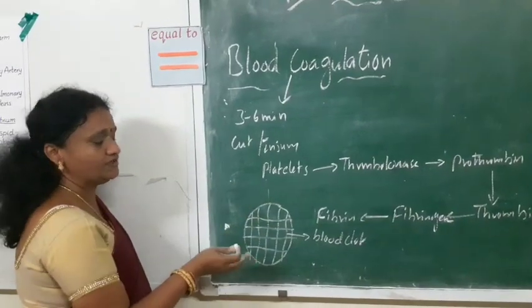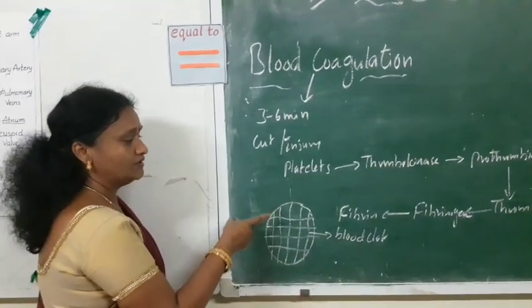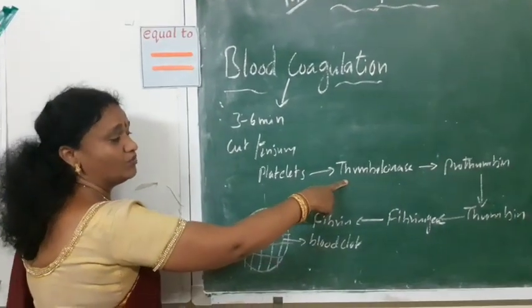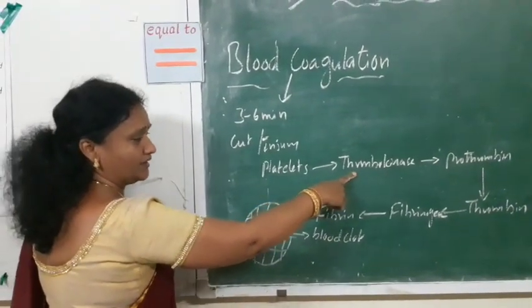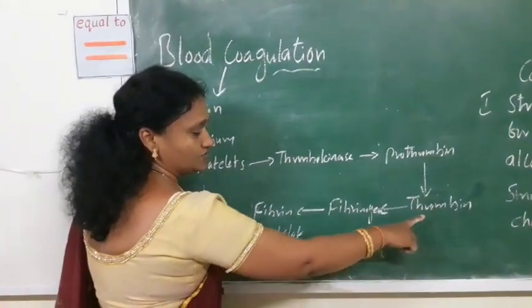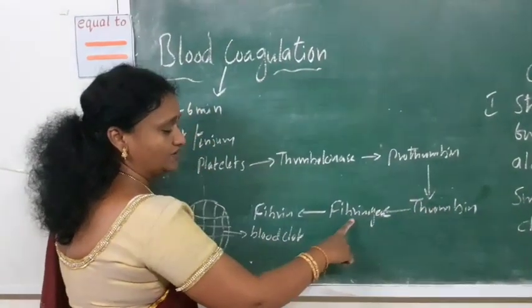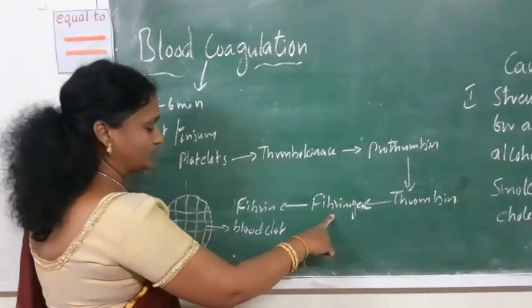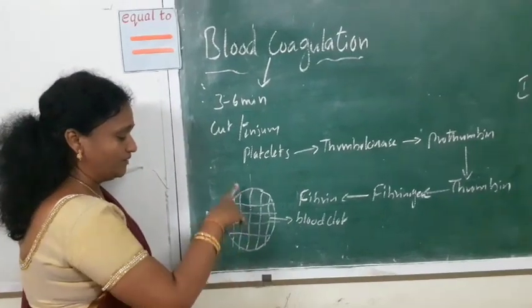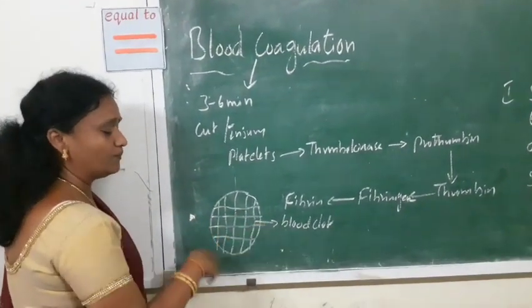Once again, whenever you get any cut or injury, the platelets gather at that place and immediately secrete an enzyme called thrombokinase. Thrombokinase activates prothrombin to convert it into thrombin. That thrombin will convert fibrinogen into fibers. These fibers form a layer-like structure on top of the injury.